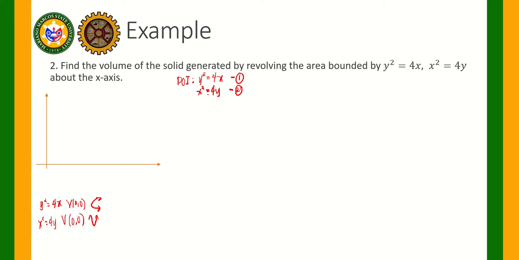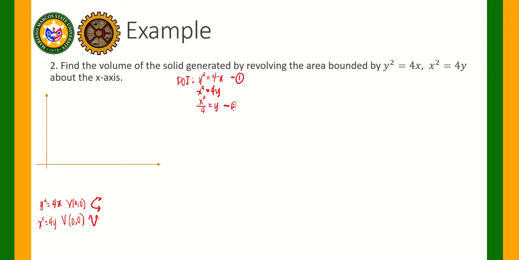Now, solving for x, we can manipulate our equation 2 and solve for y. So, x squared over 4 is equal to y. We are going to substitute this into our equation 1.